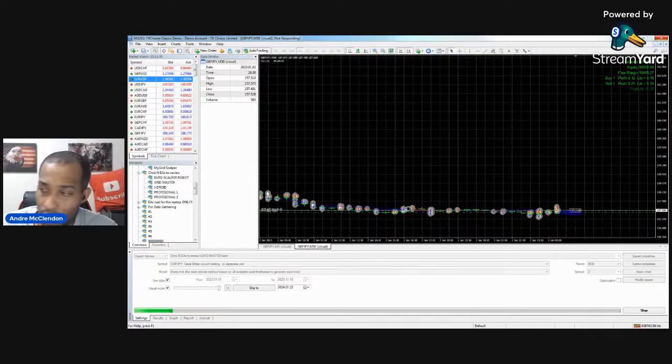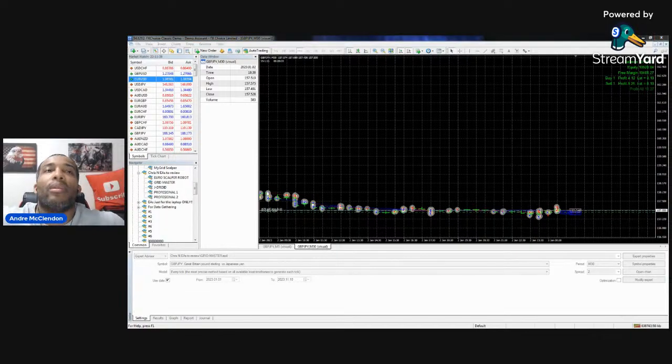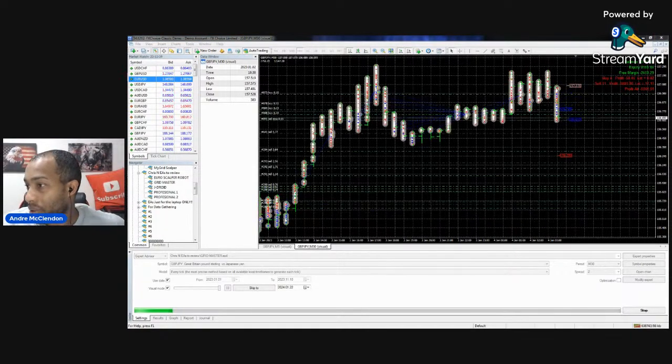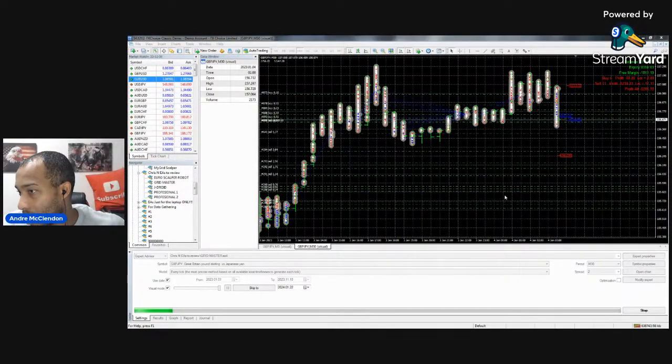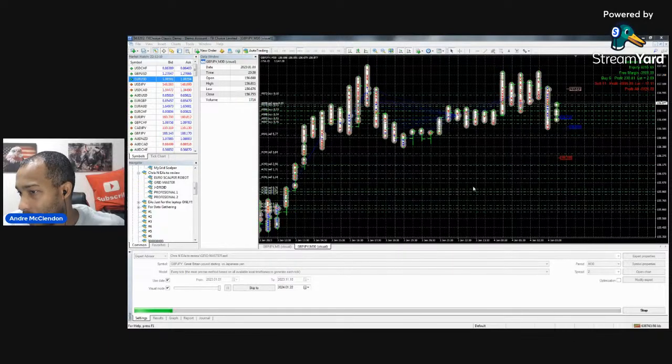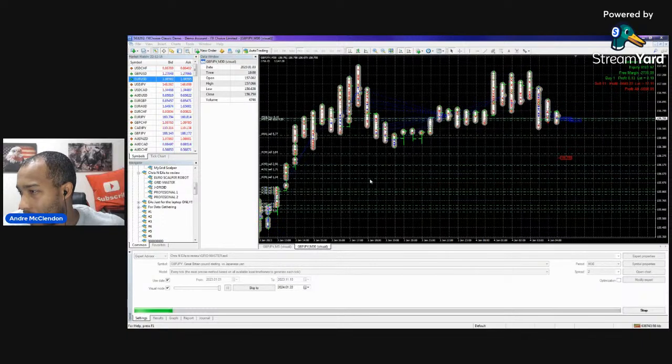Let's see. We got a frozen screen. Oh, okay, there it is. It's like it's using the martingale strategy. Yeah, it's using the martingale strategy with buys and sells at the same time.